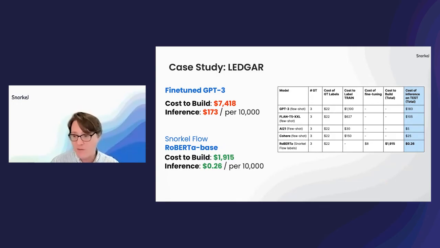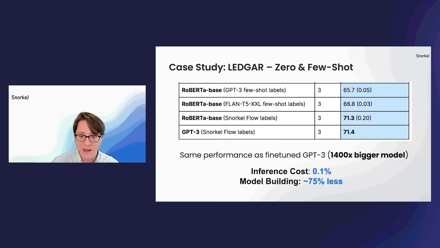But inference now of Roberta base is only 26 cents for 10,000 examples. So we've completely shifted the cost curve, where that model, which we train, gets the same performance as GPT-3, but GPT-3 is 1,400 times bigger. But now inference cost is 0.1%, and our model building was 75% less.